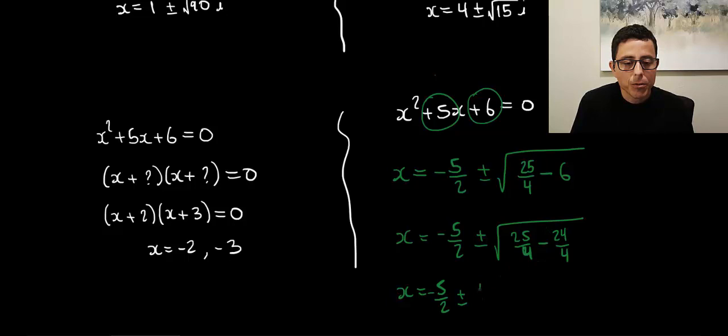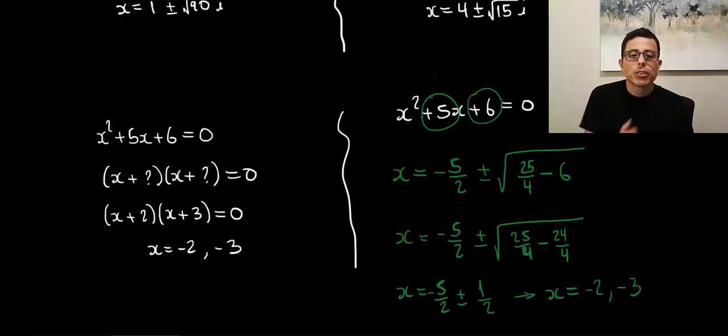The square root of 1/4 is 1/2, and that's how you get the two solutions. One is -5 plus 1, which is -4 divided by 2, -2, and -5 minus 1 is -6 divided by 2, -3.